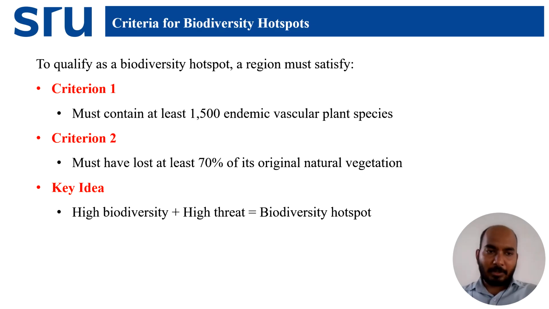You can remember the two criteria required for qualifying as a biodiversity hotspot: at least 1500 endemic vascular plant species, and loss of 70% of the original natural vegetation.